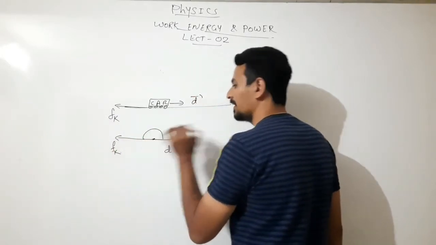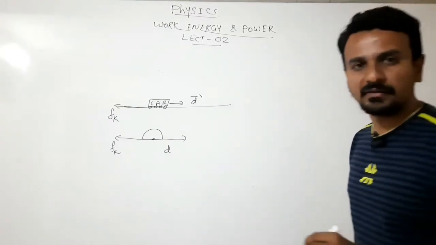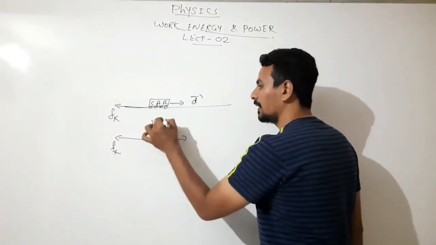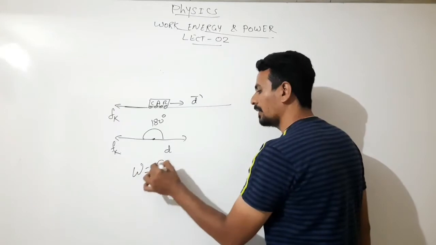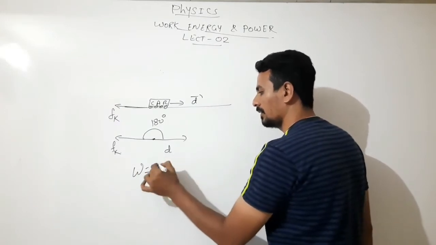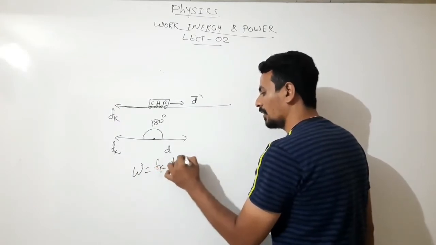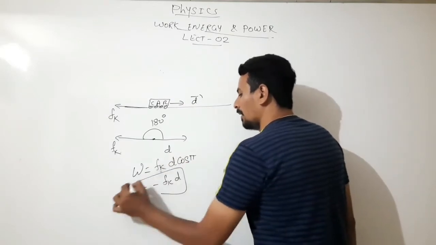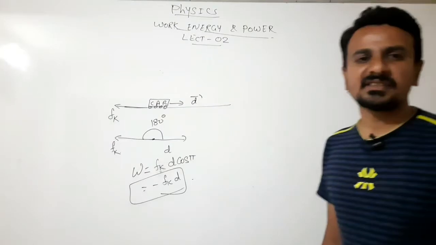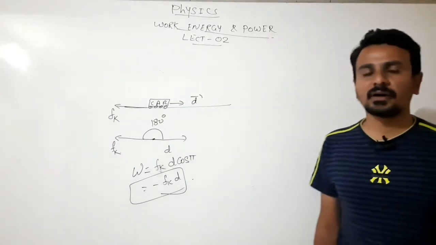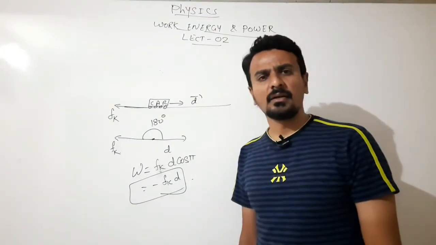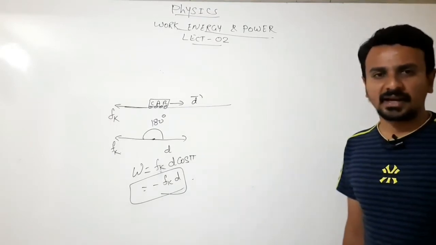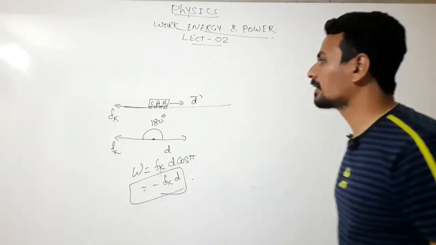So the angle between frictional force and displacement is 180 degrees. So work done by the frictional force will be Fd cos 180. Cos 180 is minus 1. So work done by the frictional force is negative. So since work done depends on the angle, it can be positive, negative, as well as 0.